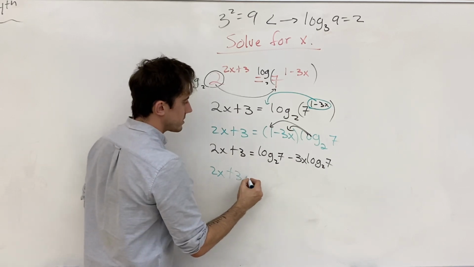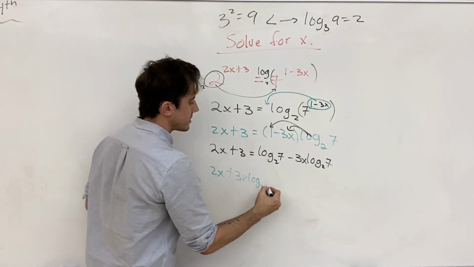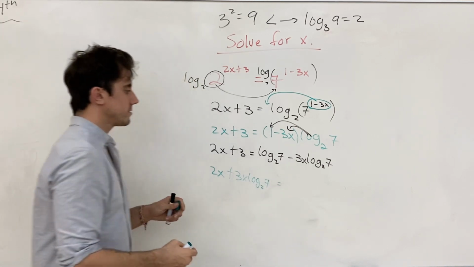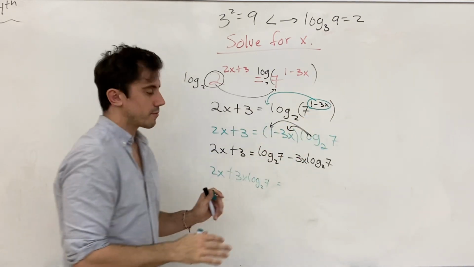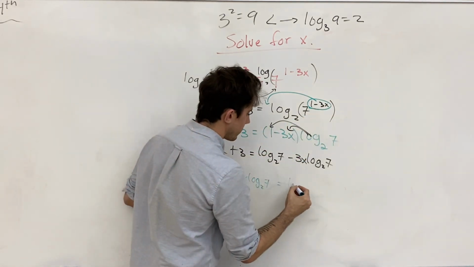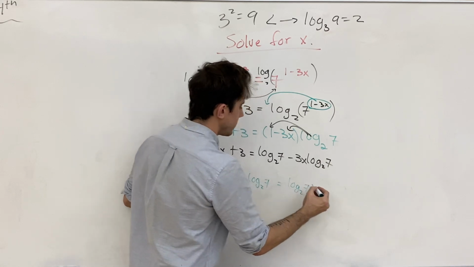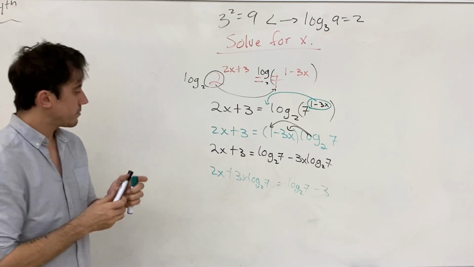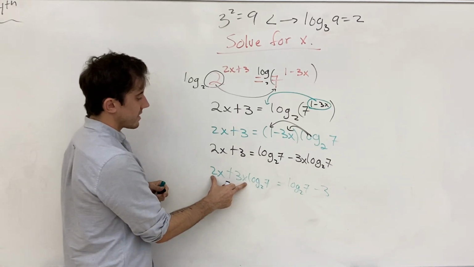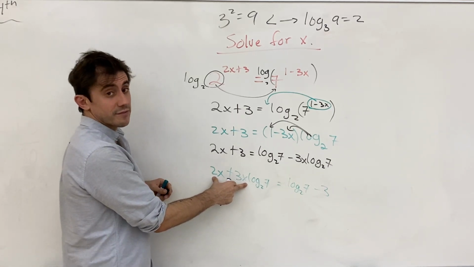So we'll have plus 3x log base 2 of 7, and the same way we always do, let's move everything that doesn't have a variable component to the right-hand side, so I'll have log base 2 of 7 minus 3. Now, the left-hand side has an x in both terms, which means we can factor it out.